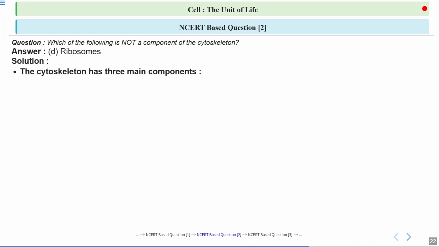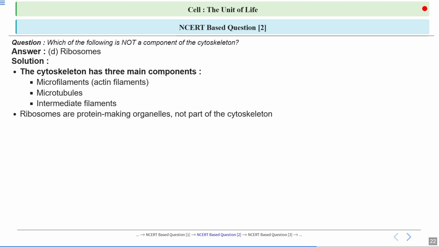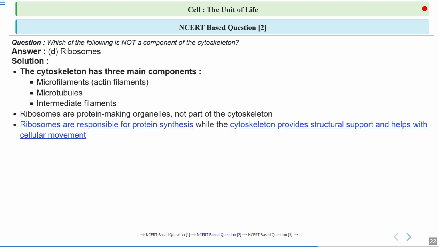Ribosomes is the correct answer. The cytoskeleton has three main components: microfilaments, which are made up of actin, microtubules, and intermediate filaments. Ribosomes are protein-making organelles, not part of the cytoskeleton. Ribosomes are responsible for protein synthesis, while the cytoskeleton provides structural support and helps with cellular movement as well.